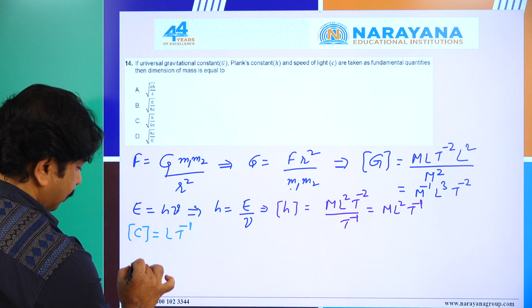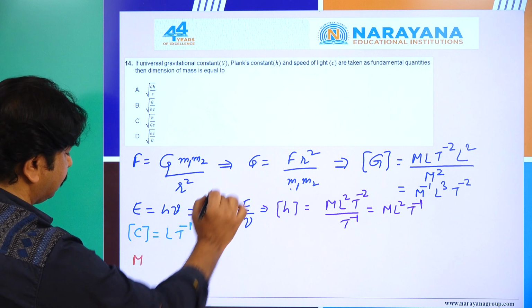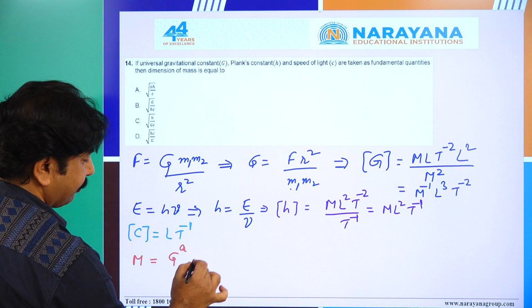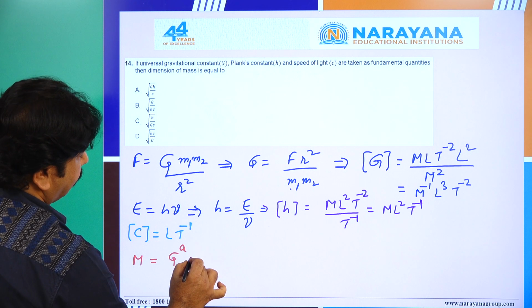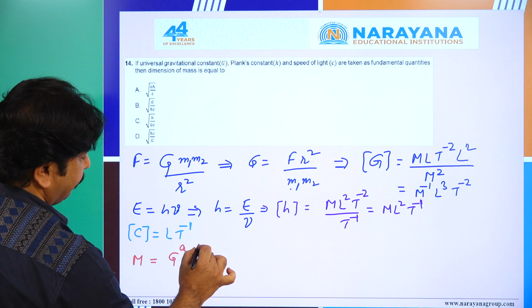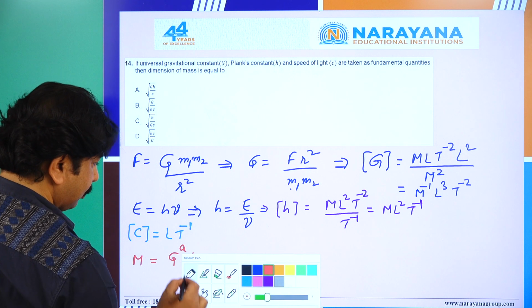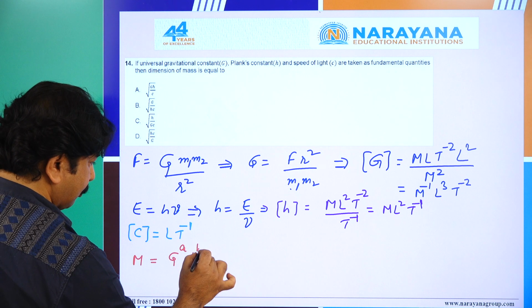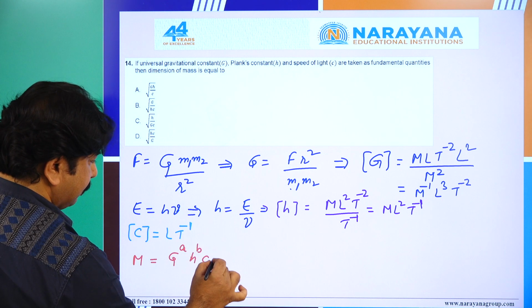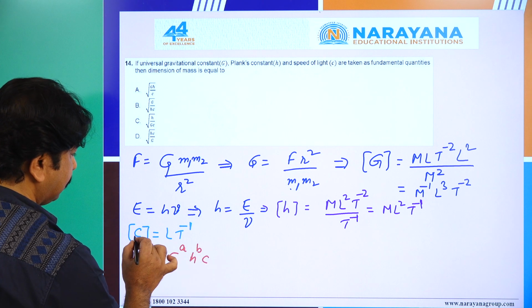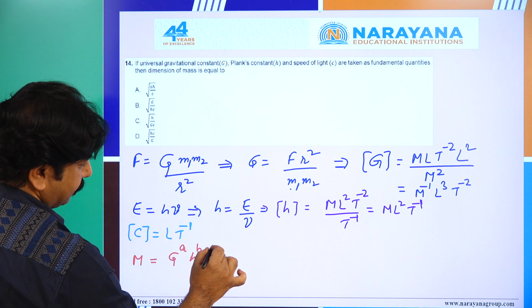So generally mass is equal to, we can write the general formula, G power a, h power b, and c power c, the speed of light c power c.